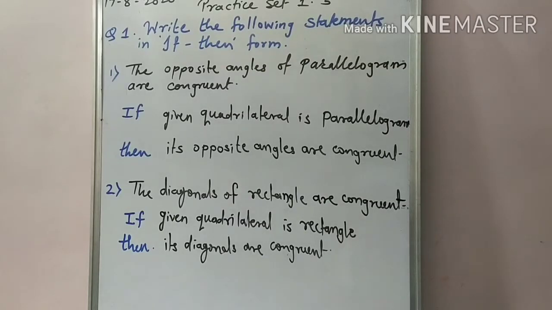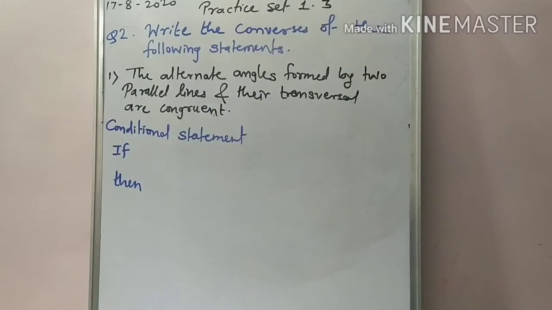Then in the second question you have to write the converses of the given statements. The first example is the statement: the alternate angles formed by two parallel lines and their transversal are congruent.